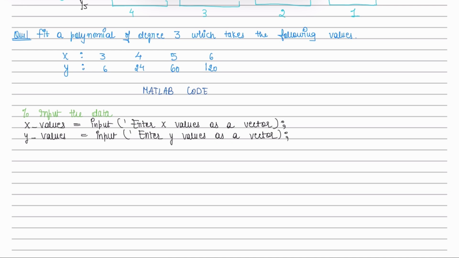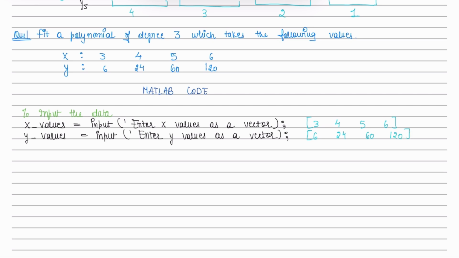When this code will run, we have to enter the x values as 3, 4, 5 and 6, and the y values will be entered as the vector 6, 24, 60 and correspondingly 120.